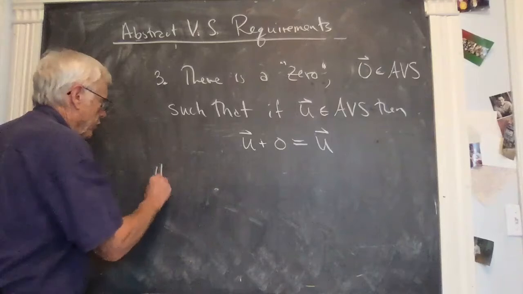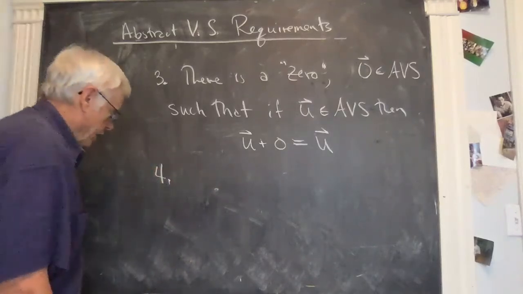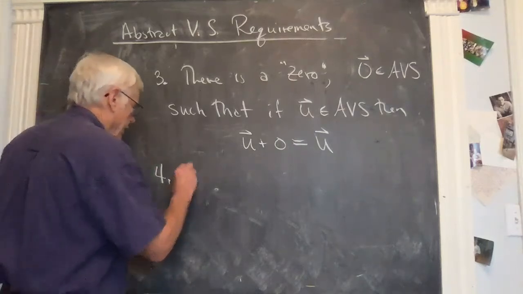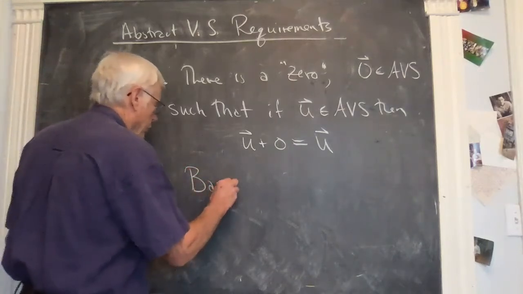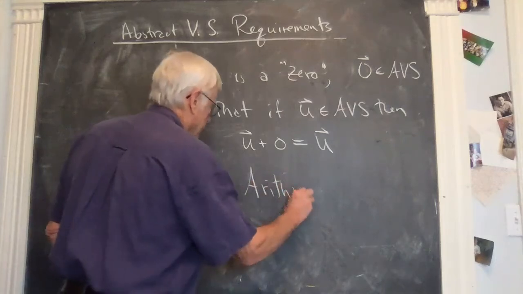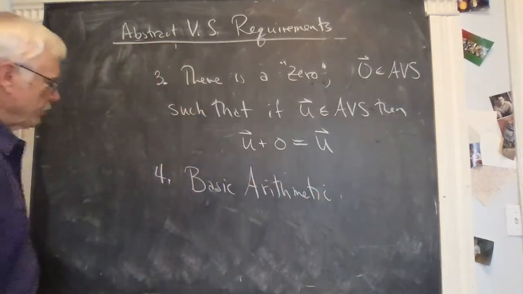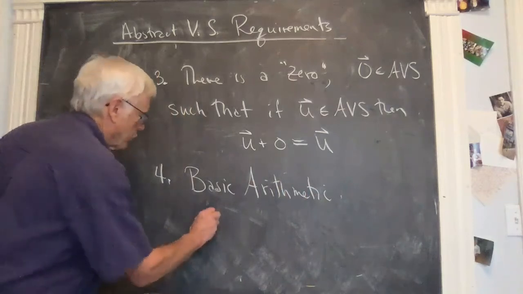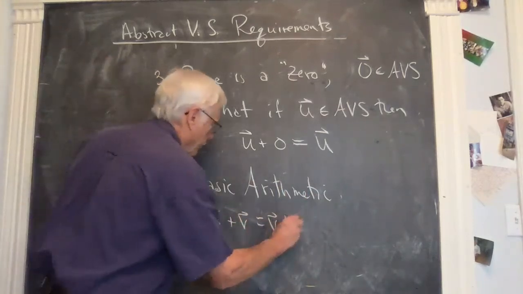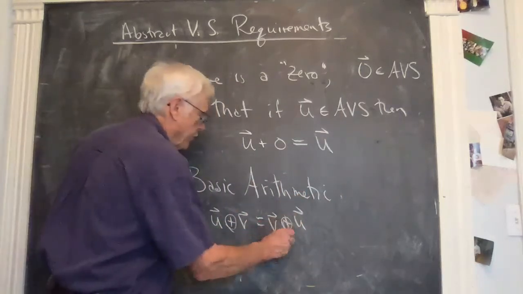So closed under addition, closed under scalar multiplication, it's got a zero element, and basic arithmetic. Now, there are about 6 of these basic arithmetic rules. For example, one of them is U plus V equals V plus U. This is called commutativity of the addition operation.